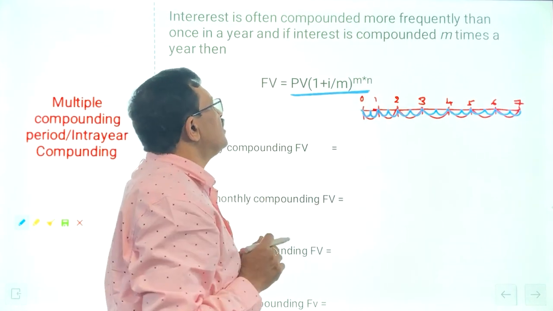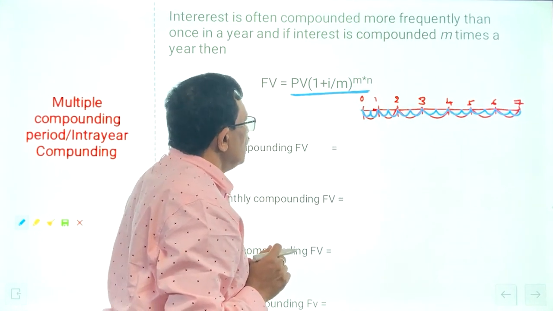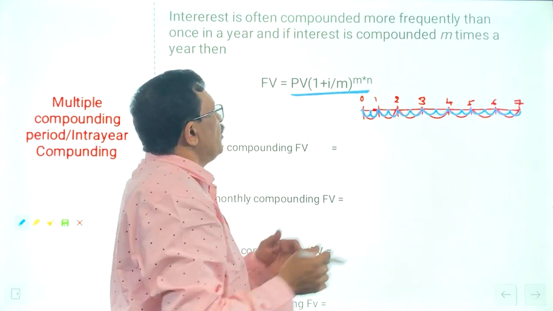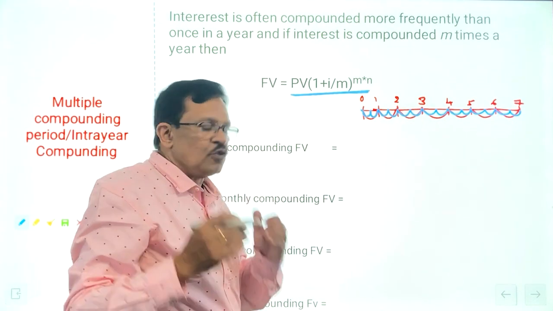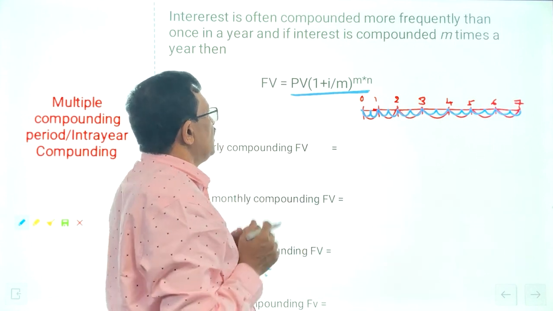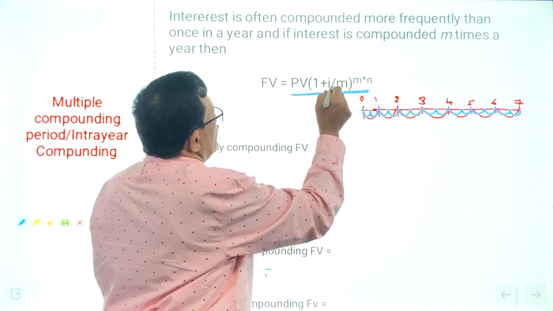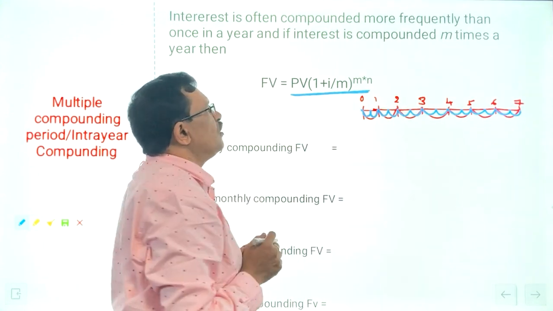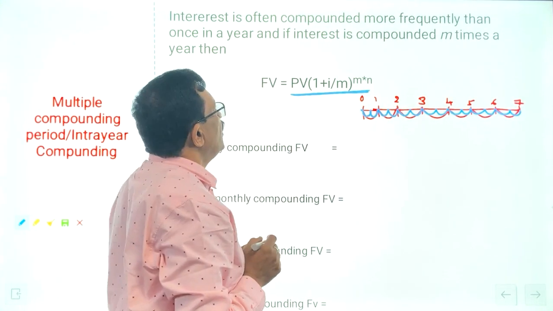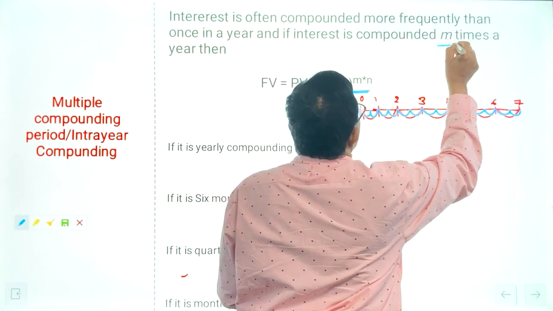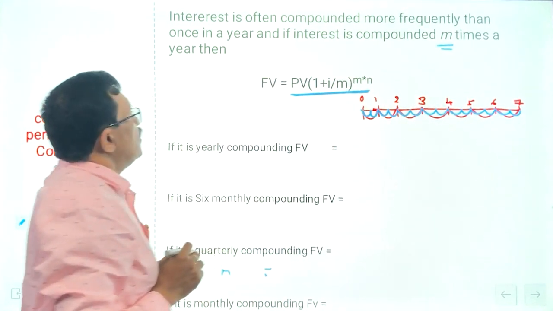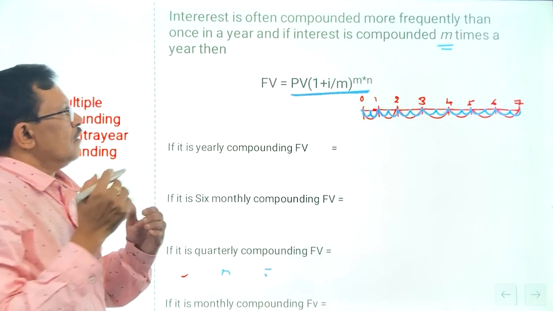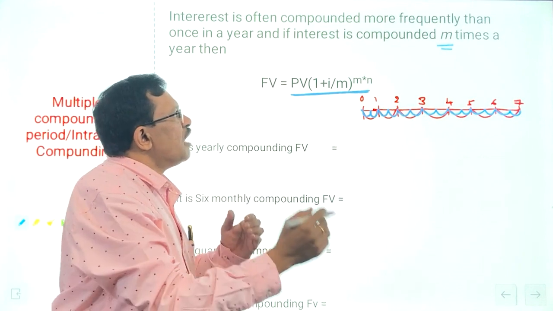Only the difference here to that of the previous future value formula is that here we are going to have a new component which is called m. m is the number of times the compounding is going to be done in a year.